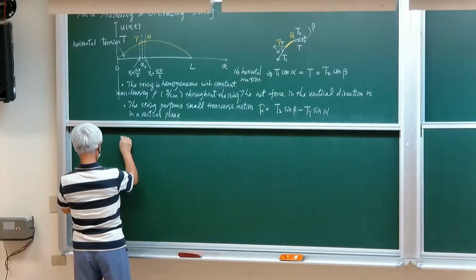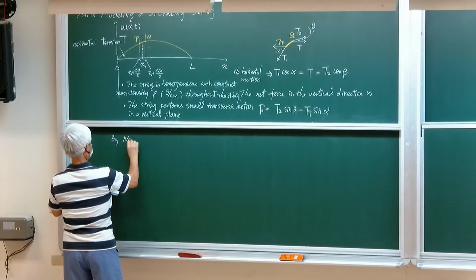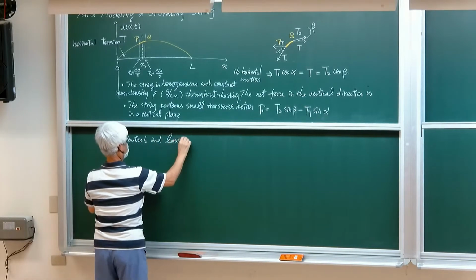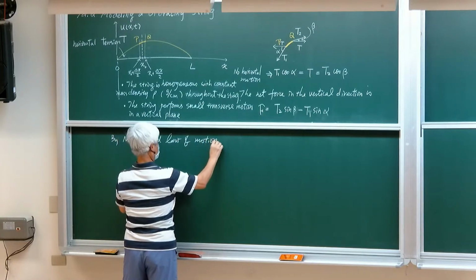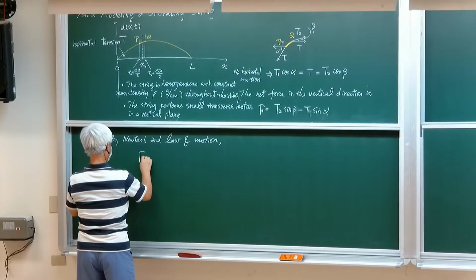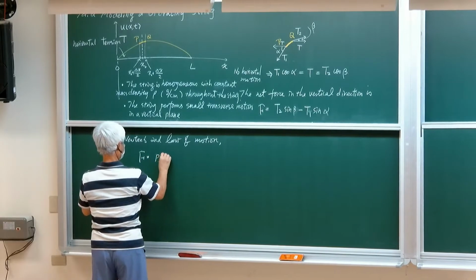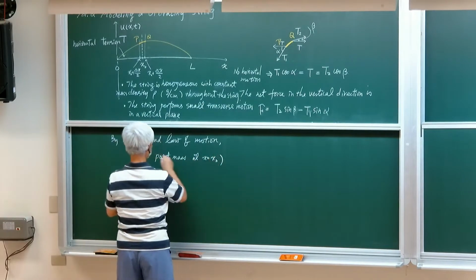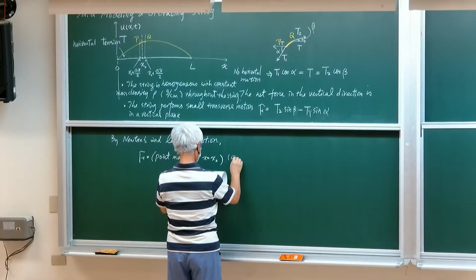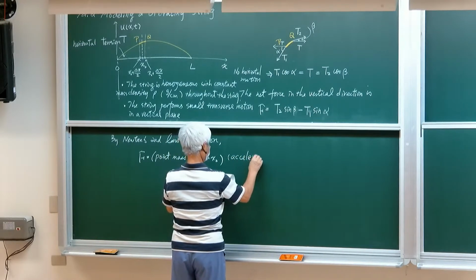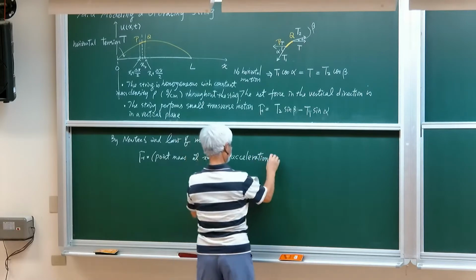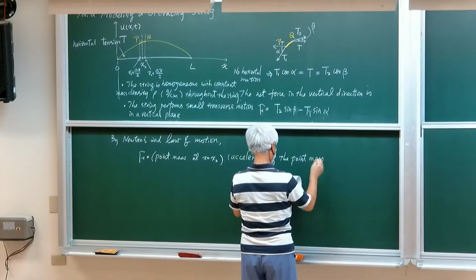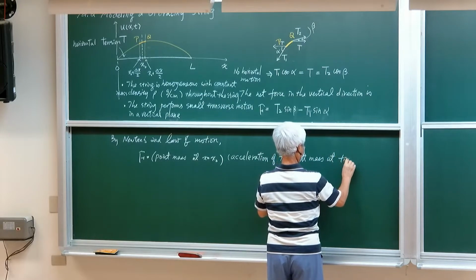By Newton's law, F is the point mass at the point times the acceleration of the point mass at the time t.